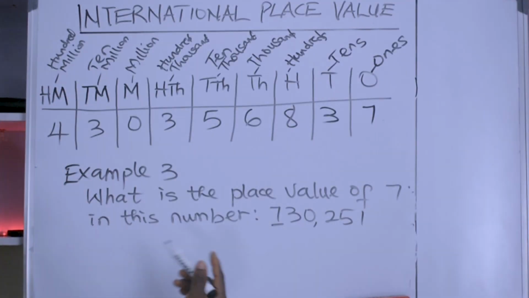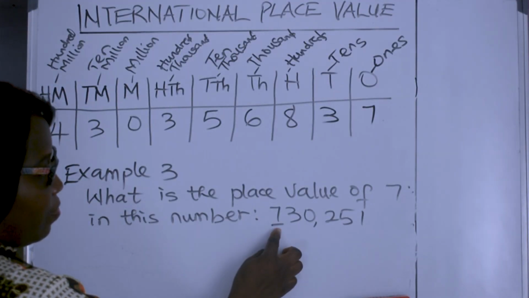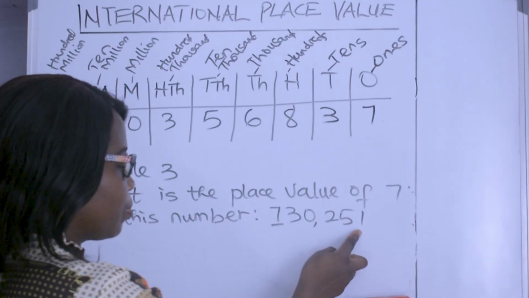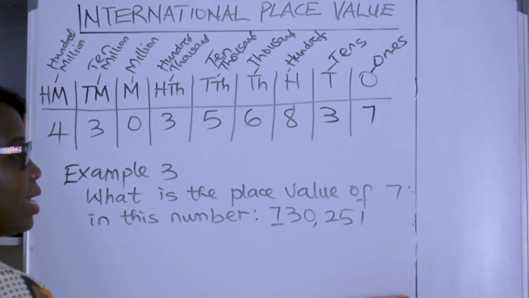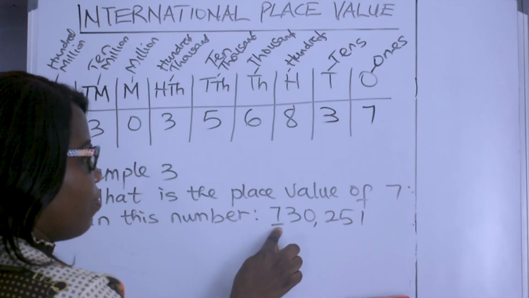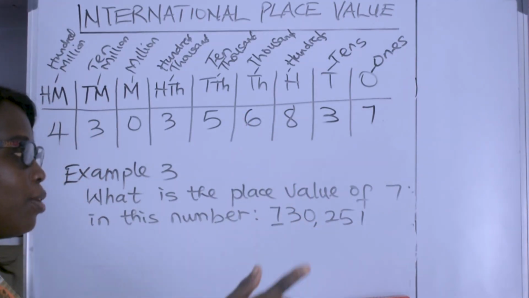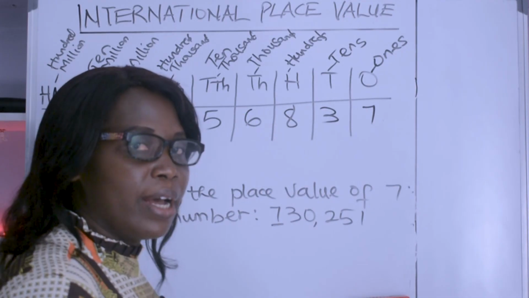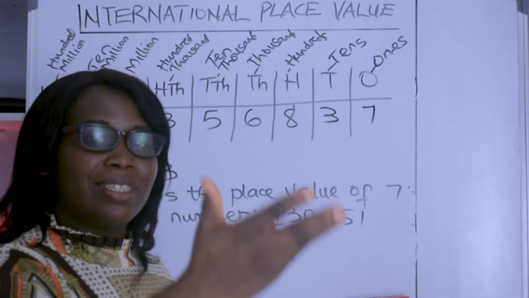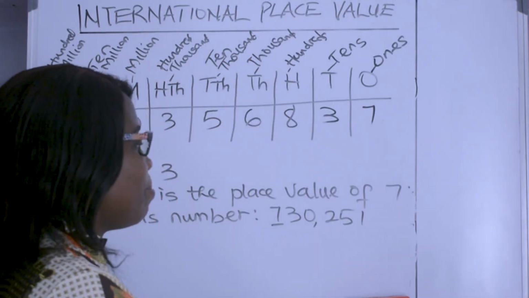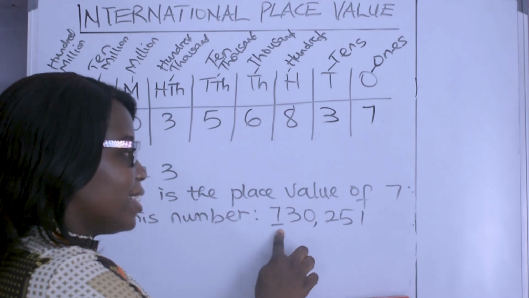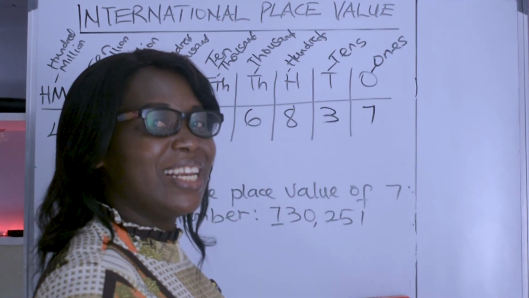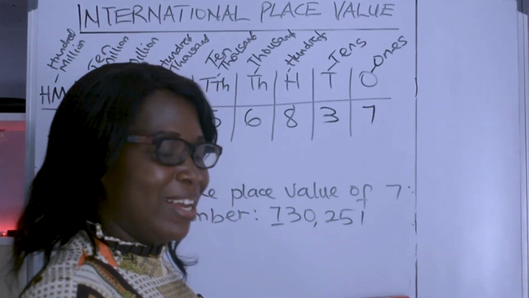What is the place value of 7 in 730,251? Most times, if you want to know the place value of a particular digit, as you're saying the number, you can easily just shout. What I mean by that is like this 7 here, you can say 700. By doing that, you've already known where the place value is.